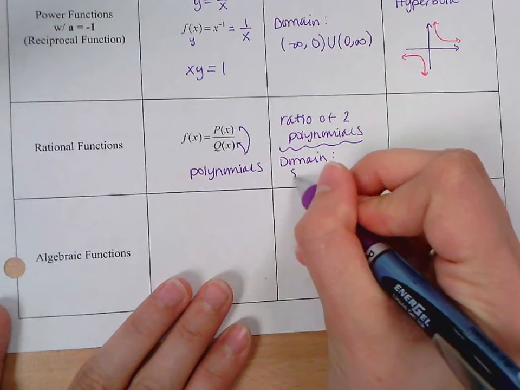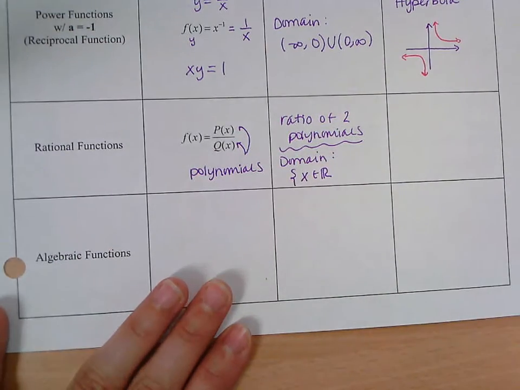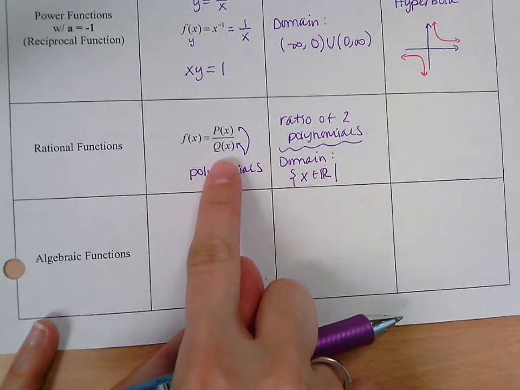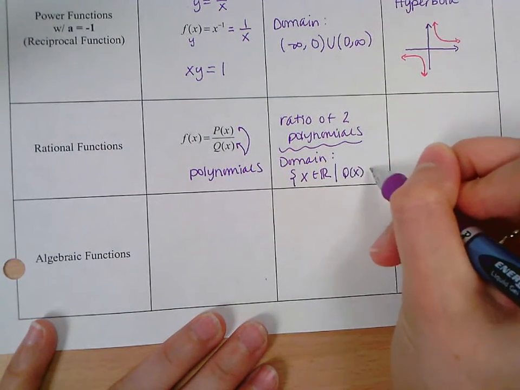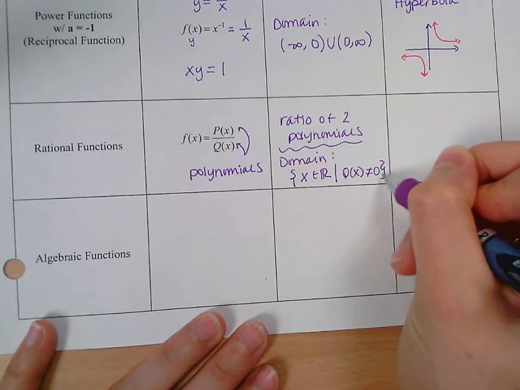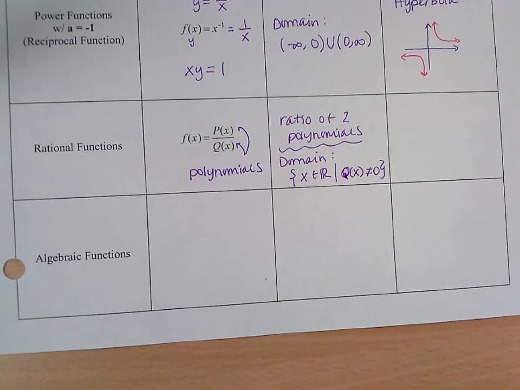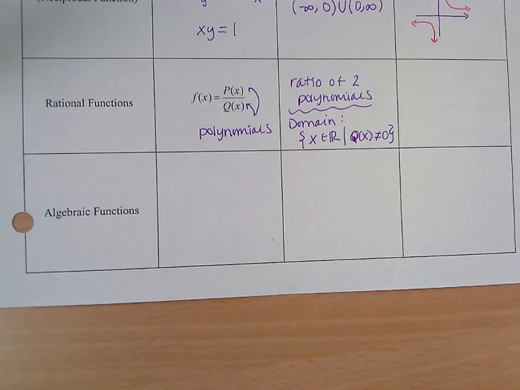The domain would be all x values that are real, so x values that are elements of the real numbers, such that the denominator, so q of x, cannot equal 0. So all x values such that q of x is not 0. That would be a way to characterize the domain of every rational function. And as I said, all their graphs look different.